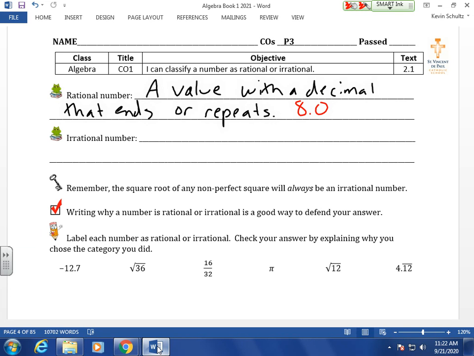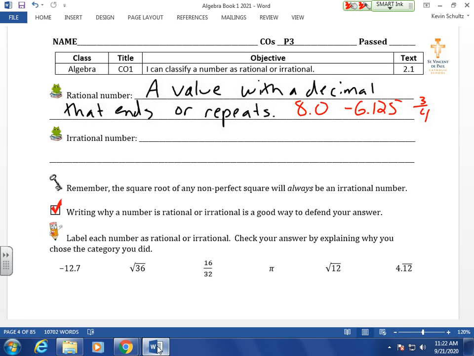Something like negative 6.125 would be rational because the decimal ends. How about fractions? Are fractions rational? Like if I had the fraction 3/4, would that be a rational number?